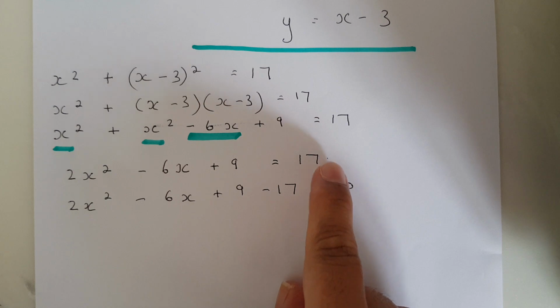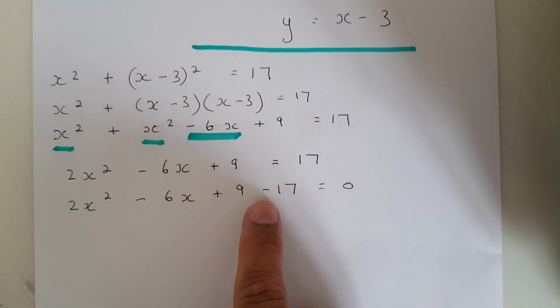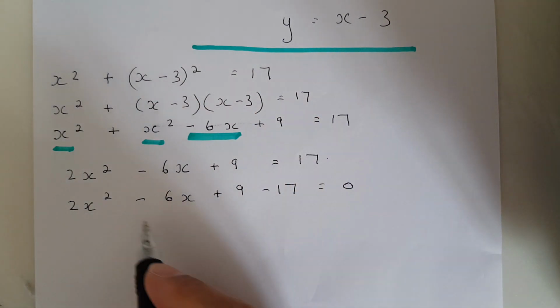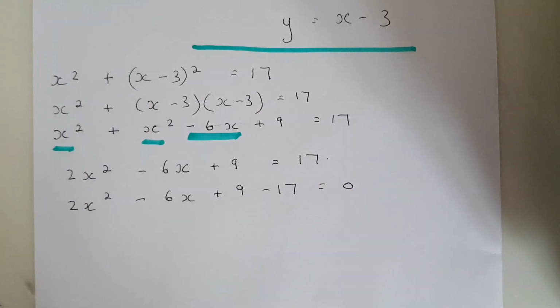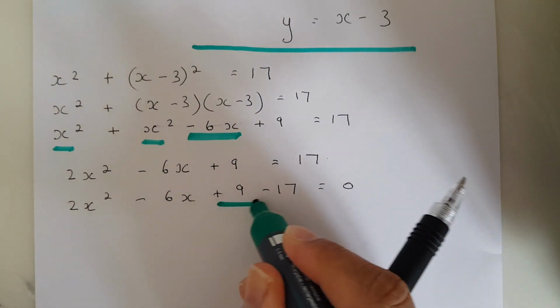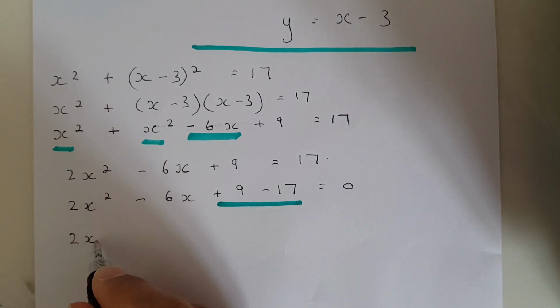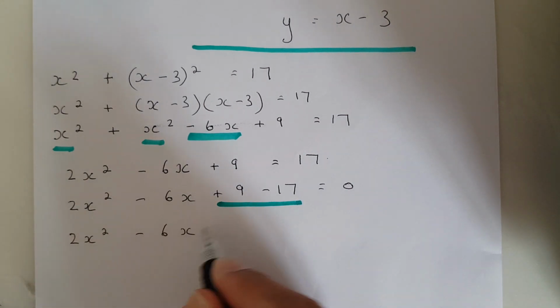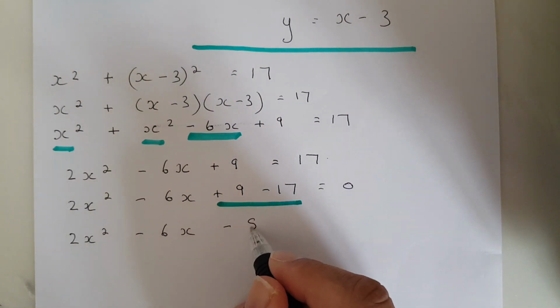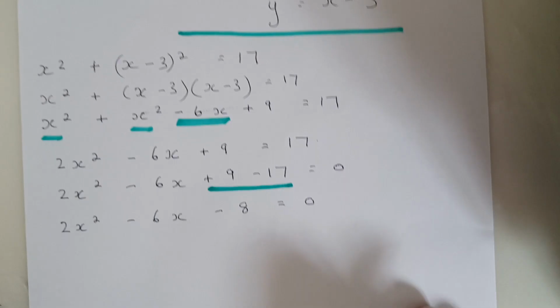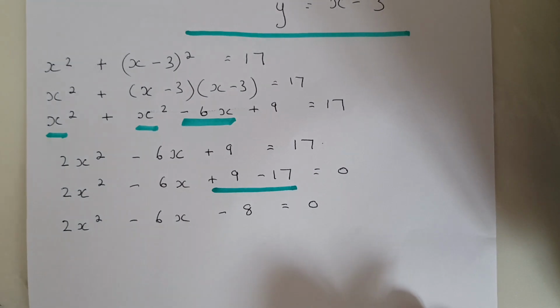Why 0? Because I've minused it from this side, so I have to minus it from that side. Now we've got a couple of like terms there, so we copy the rest. 2x squared minus 6x plus 9 minus 17 is minus 8, equals 0. I hope that was straightforward so far.